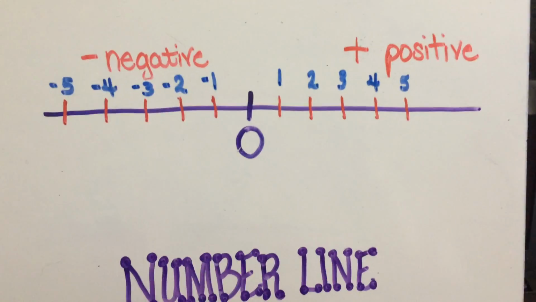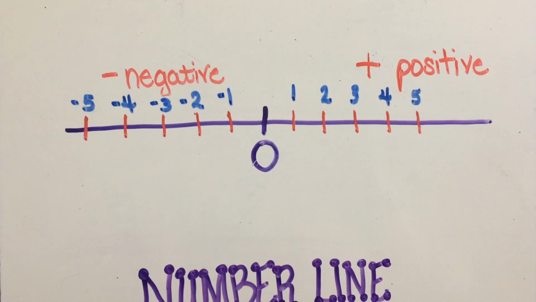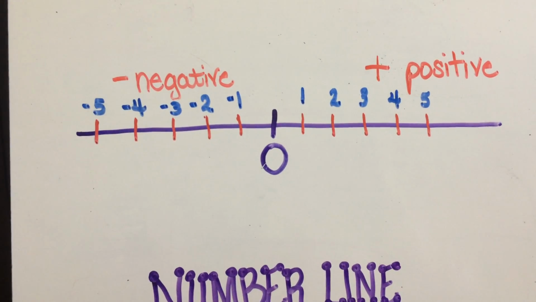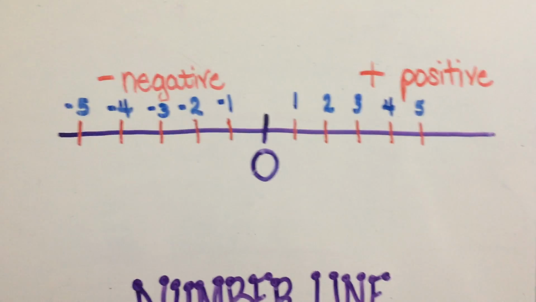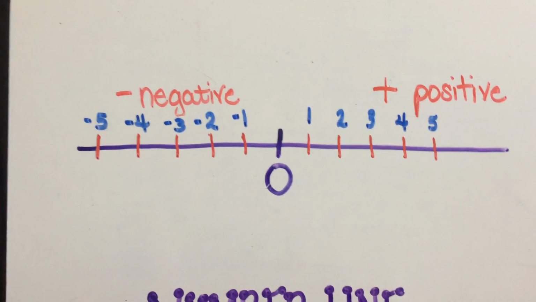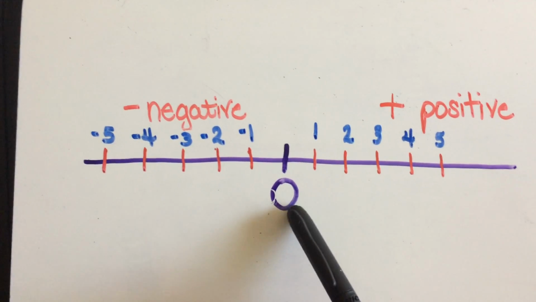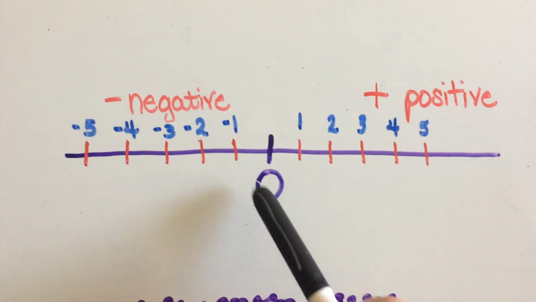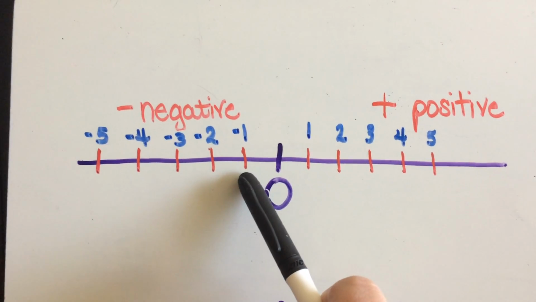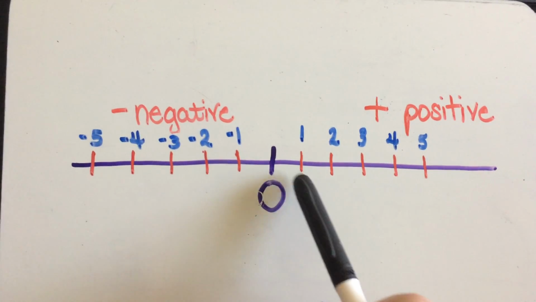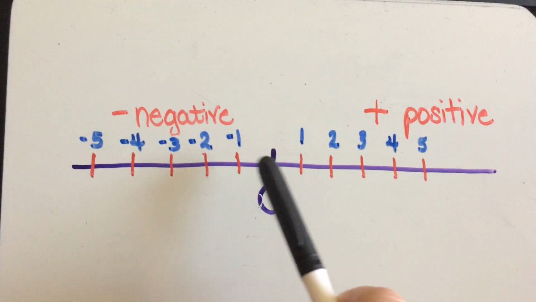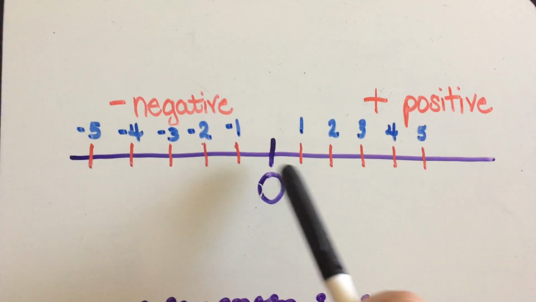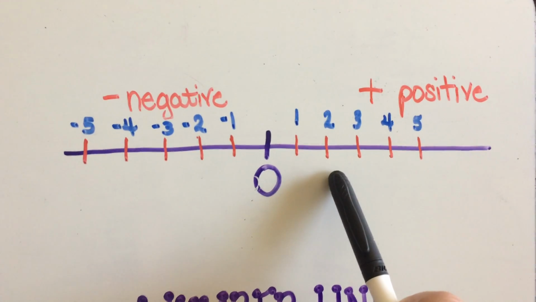Anything that is positive is going to be on the right side, and anything that is negative will be on the left. Also realize that 0 is its own opposite. Let me go ahead and explain the rest. -1 and 1 are opposites. They're on the opposite side of the 0. -2 and 2 are opposites.